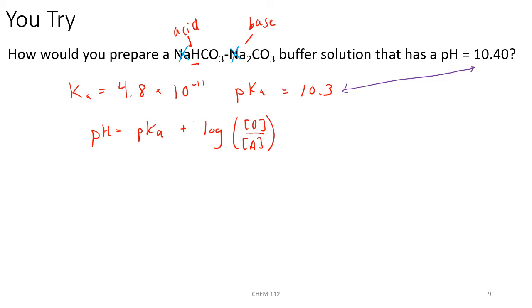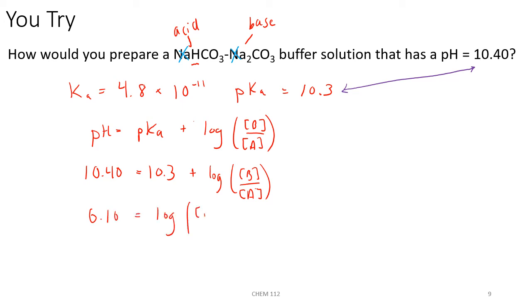We can plug in the pH that we desire to buffer at, 10.40, and our pKa was 10.3, plus the log of our base over our acid. If we subtract our pKa from our pH, that gives us 0.10 equal to the log of the concentration of our base over our acid.